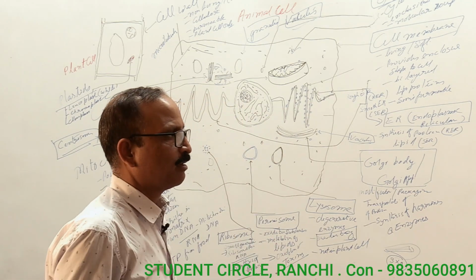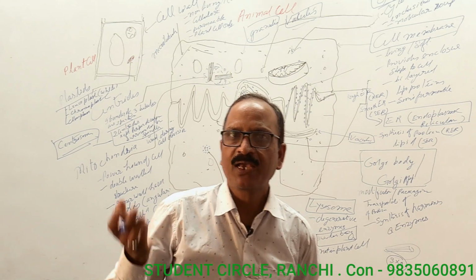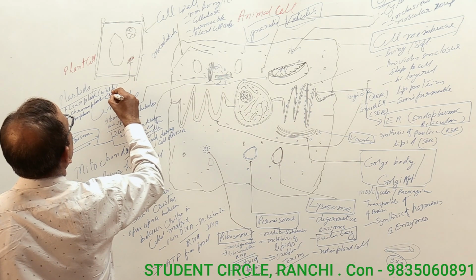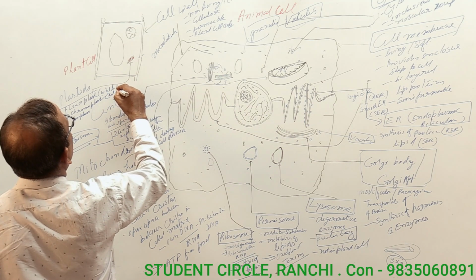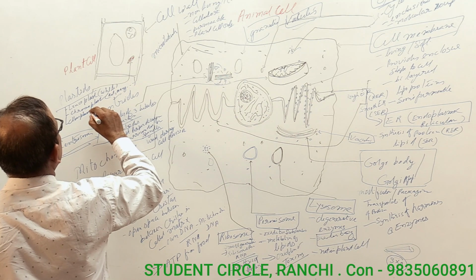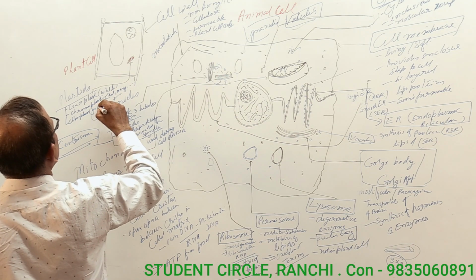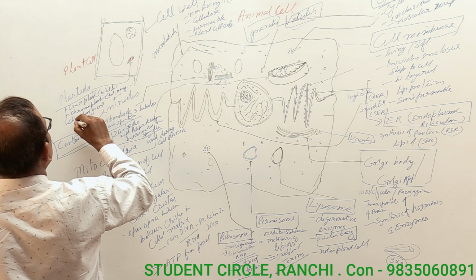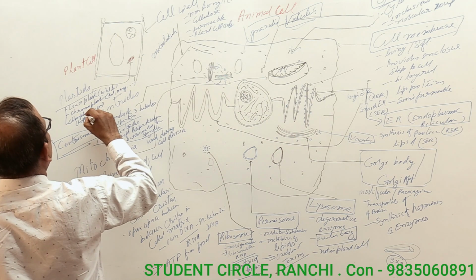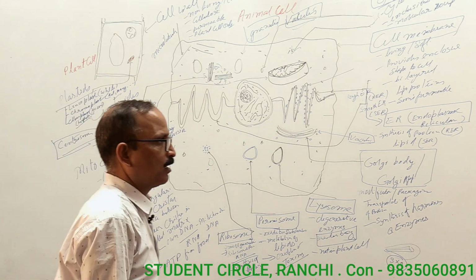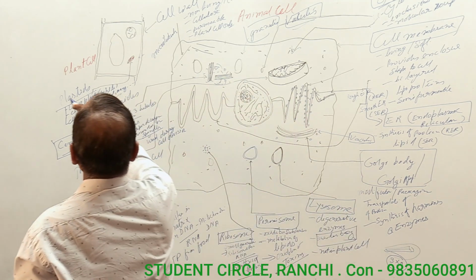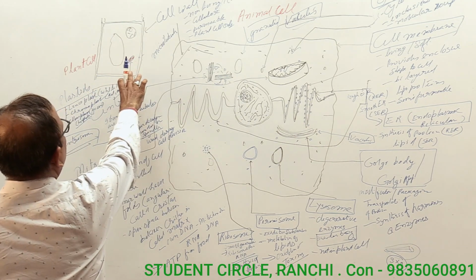Chloroplasts are green, with chlorophyll, used for absorption of energy from the sun. So these plastids are absent from animal cell.